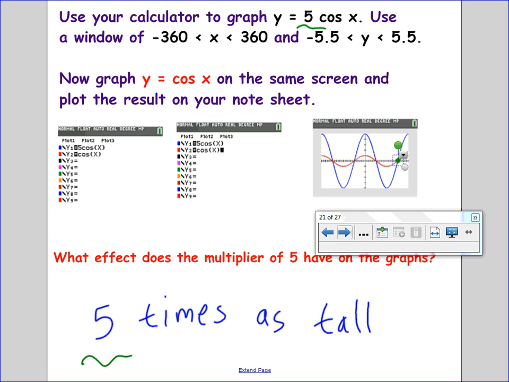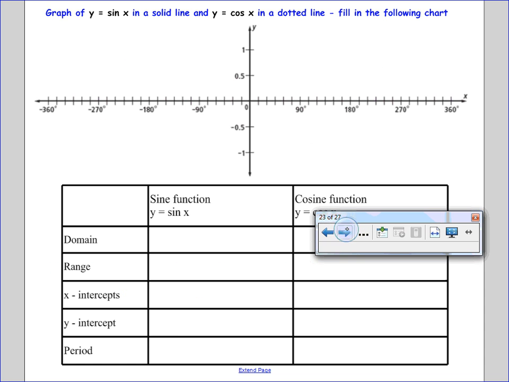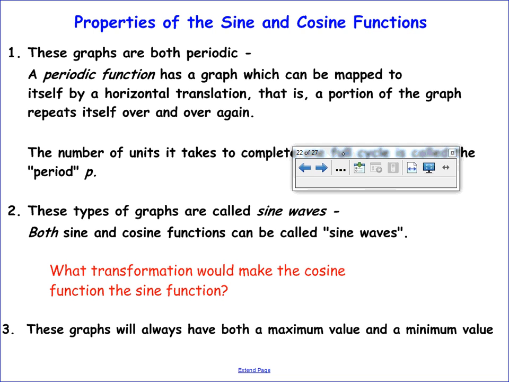We have to go a little bit farther, but we see that we'd eventually get this x-intercept to fall upon 0, 0, and then we have the same one as well. So a horizontal translation of the sine graph will create a cosine graph, and a horizontal translation of a cosine graph will eventually create a sine graph. That's pretty neat in a math sort of way. And lastly, these graphs will always have both a maximum and a minimum value, and that's going to be a big deal when we're modeling real-world phenomena.